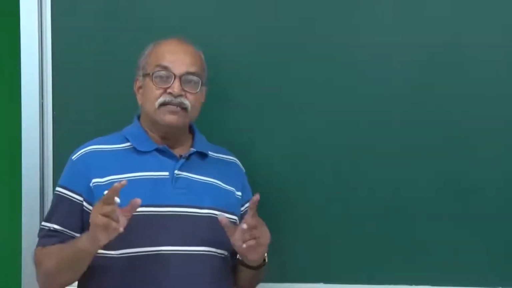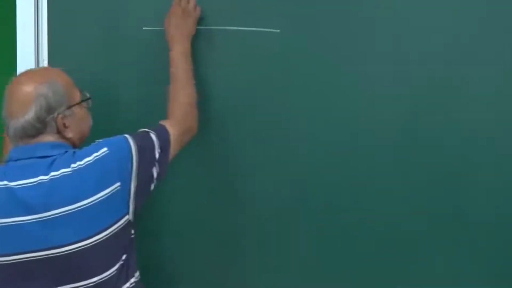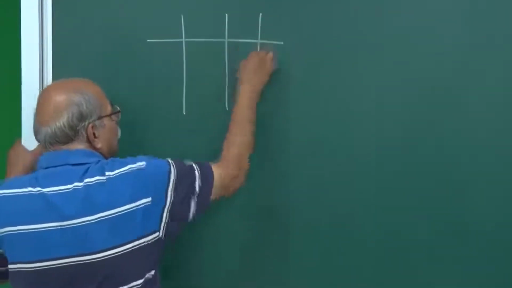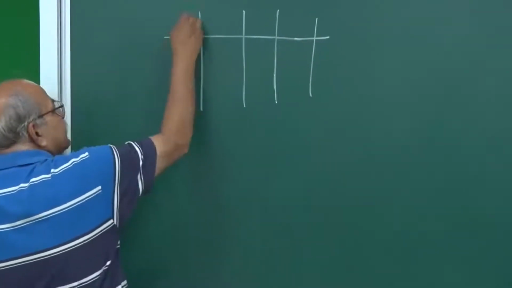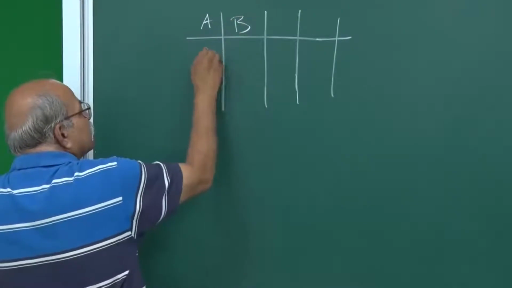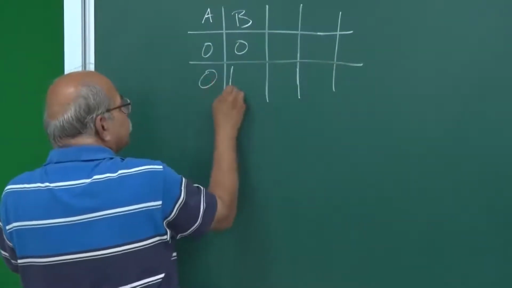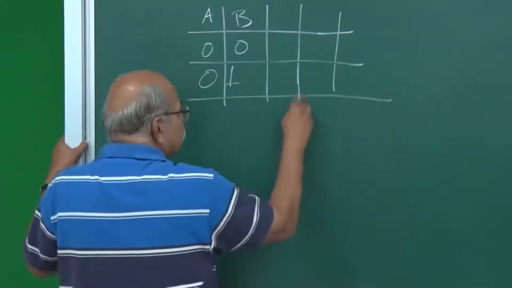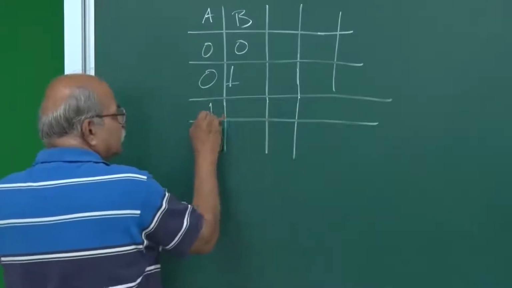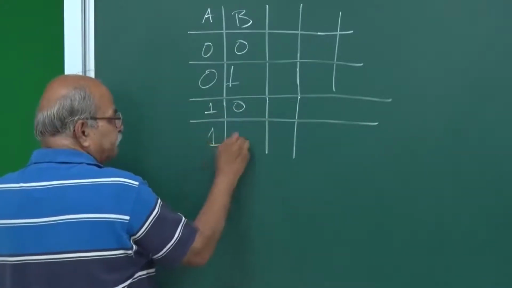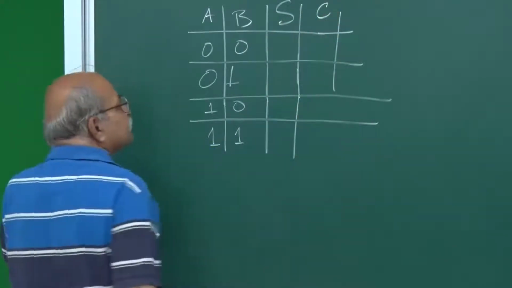When you add two binary digits, you have two output results, and this is, let us say, A, this is B. It can be 0 0, or 0 1, or 1 0, or 1 1, and then you have sum and then you have carry.